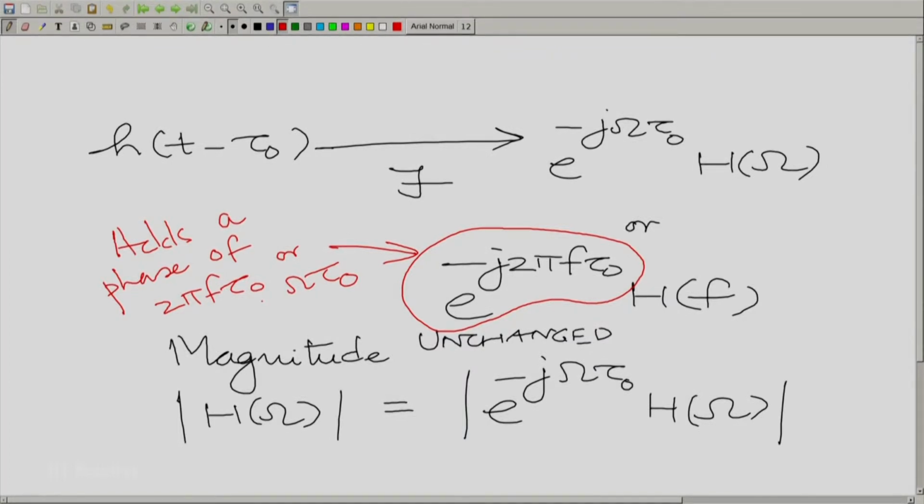So, it is very interesting. When you shift a function in time, the magnitude of the Fourier transform is unchanged. What changes is the angle or the phase of the Fourier transform. And in fact, let us plot the change of phase of the Fourier transform as a function of the angular frequency.